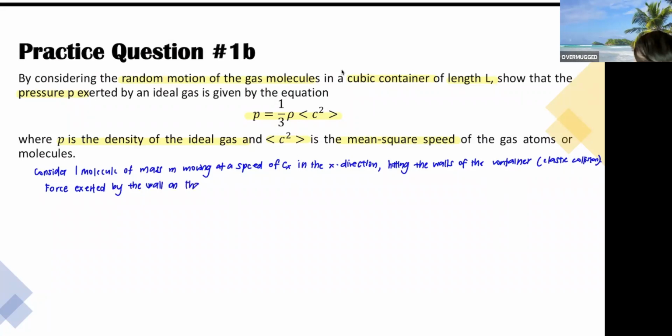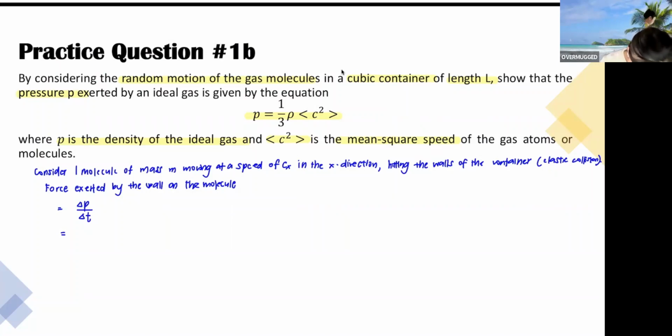Okay, since the molecule is exerting a force on the wall, the wall will also exert the same force on the molecule, which is actually the change in momentum divided by time. Okay, so how do we actually calculate this? Since net force acting on by the wall is actually equal to the rate of change of momentum.